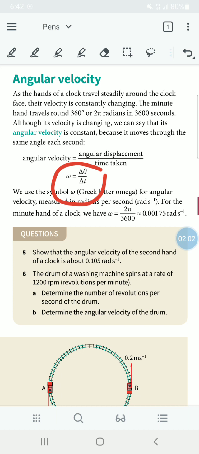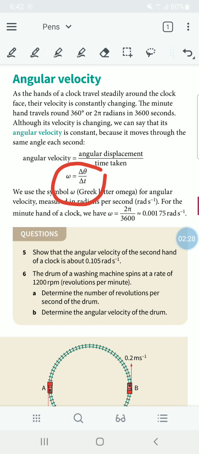The drum of a washing machine spins at a rate of 1200 revolutions per minute. At a rate of 1200 revolutions per minute, that is one whole circle, 1200 of them per minute. Then how are you going to figure out the number of revolutions per second?